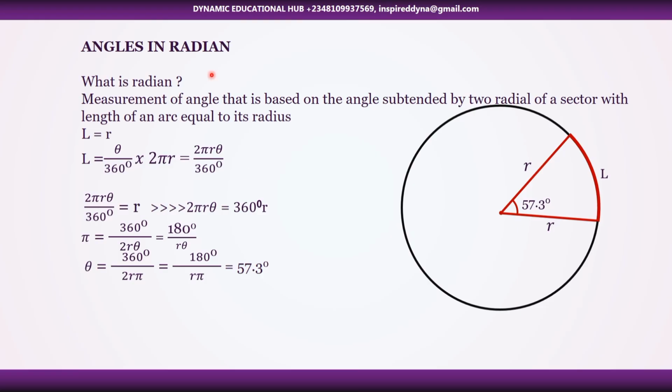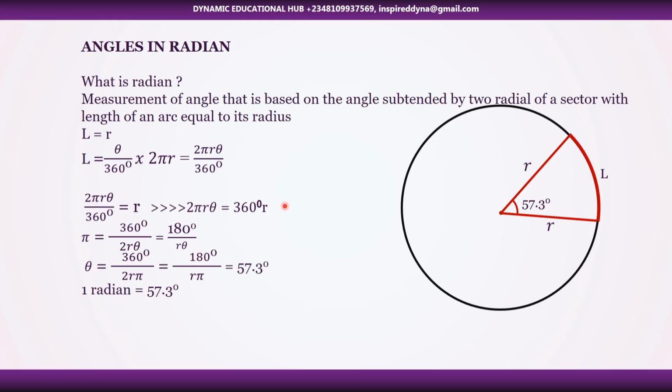Let's see for pi. Here we have r theta under, so which means that pi is equal to 180 degrees in radian. Now we can see that 1 radian is 57.3 degrees.